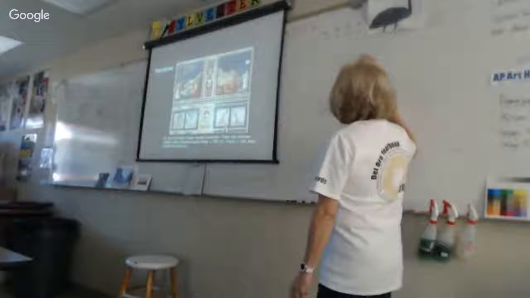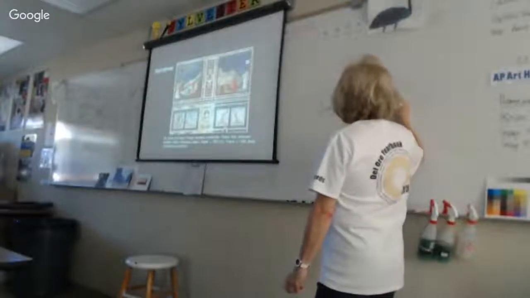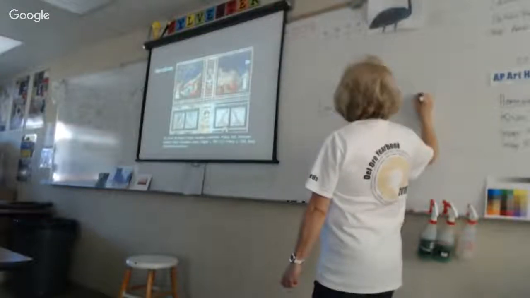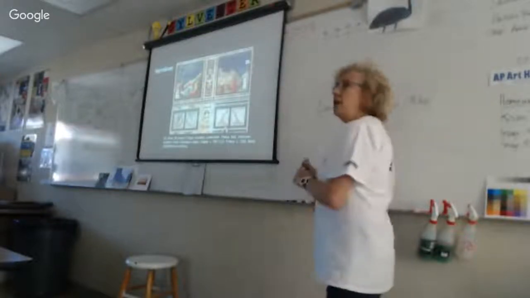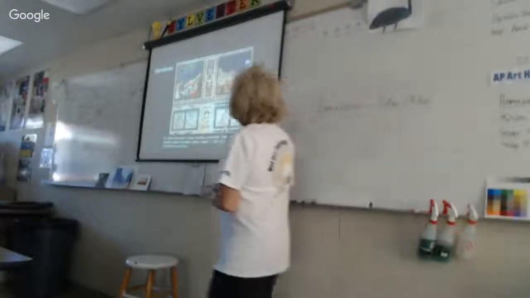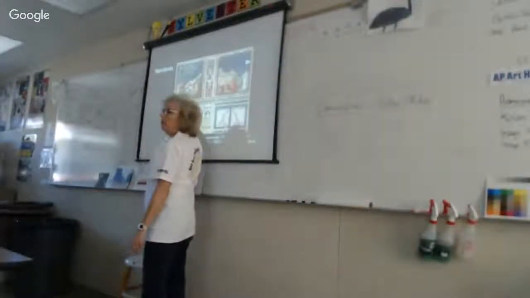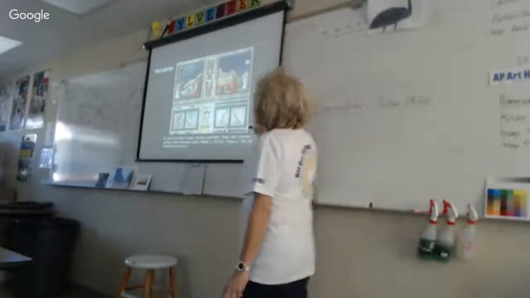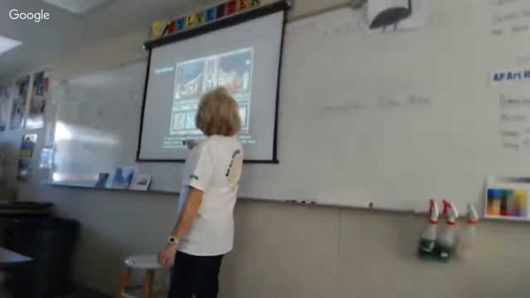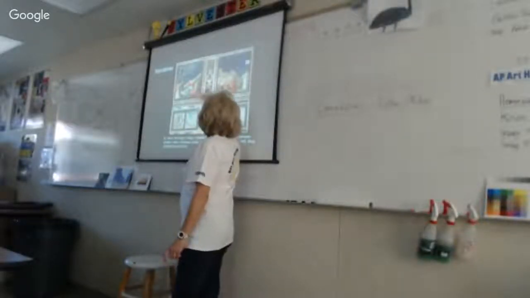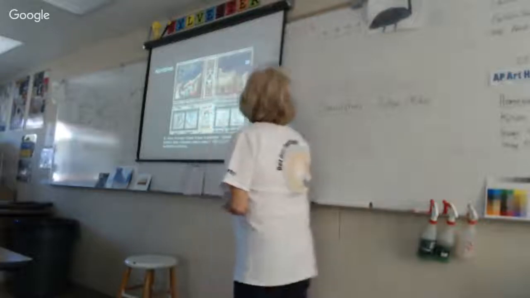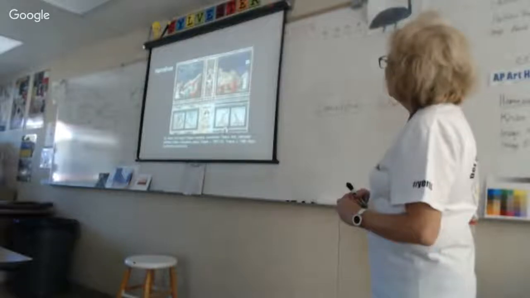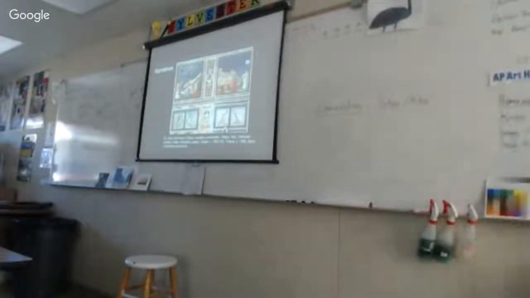So what we looked at yesterday with the Röttgen and the Michelangelo Pietàs was a type of lamentation, because Christ is dead and they are lamenting over him. So it's important to understand that there are a bunch of scenes in this chapel that were painted by Giotto, but these are the ones that the College Board wants you to know. So it's good to know that there is lamentation. We know what lamentation is.